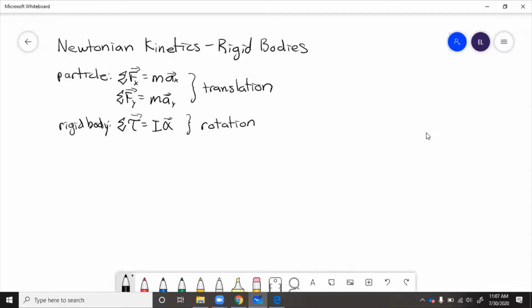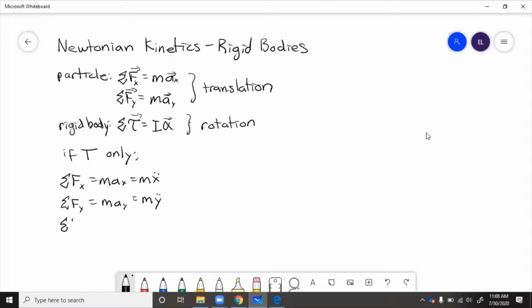So in a purely translational system, we'll have sum of the forces in the x equals m ax equals m x double dot. Sum of the forces in the y equals m ay equals m y double dot.